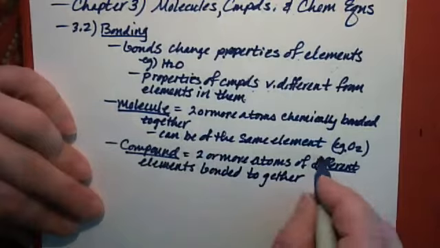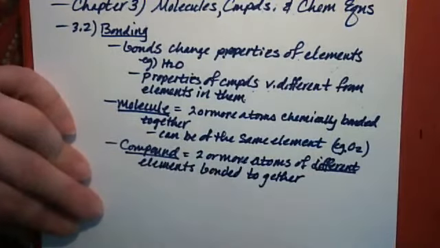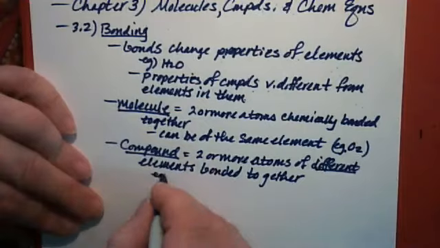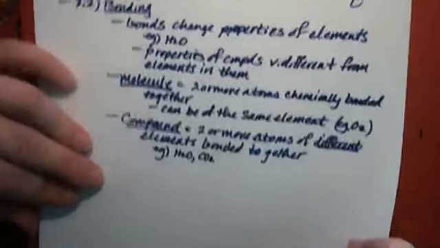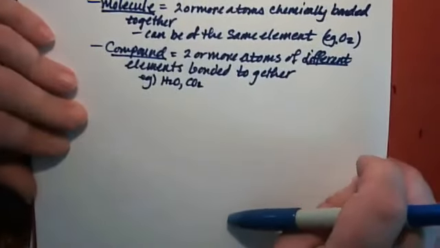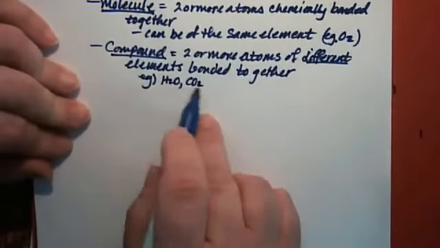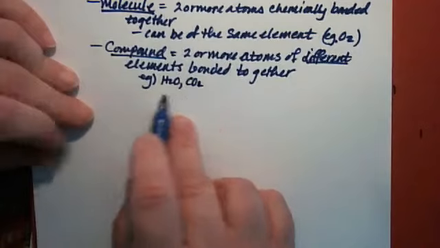So they do have to be different elements in order to be a compound. For example, H2O, water, or CO2, carbon dioxide, those are compounds because each of them involves at least two different elements.